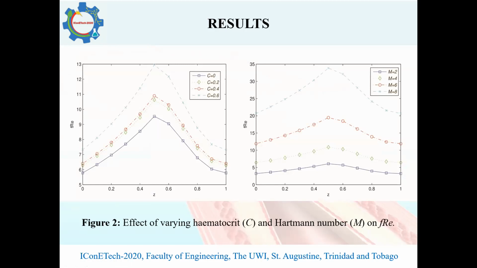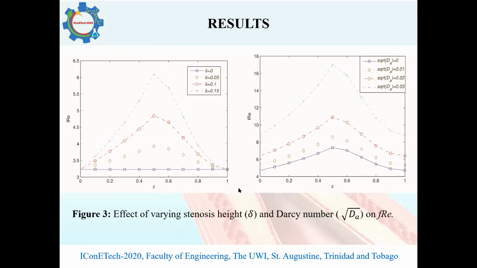Just to remind you that C refers to the blood cell count, so our red blood cells, and M is related to the strength of the magnetic field. As these were increased, our friction factor Reynolds number increased, as well as if we had an increase in the stenosis height delta and our square root Darcy, which is related to the permeability of the wall.